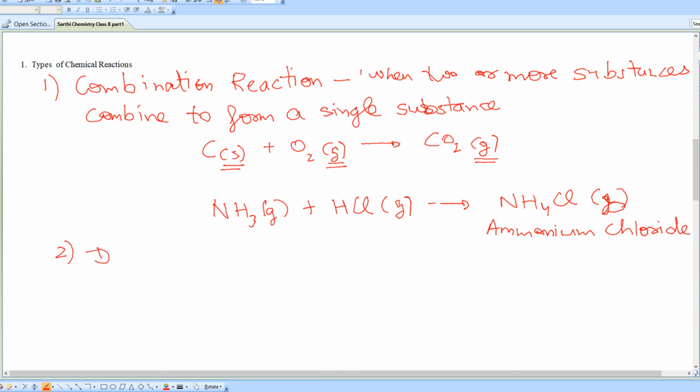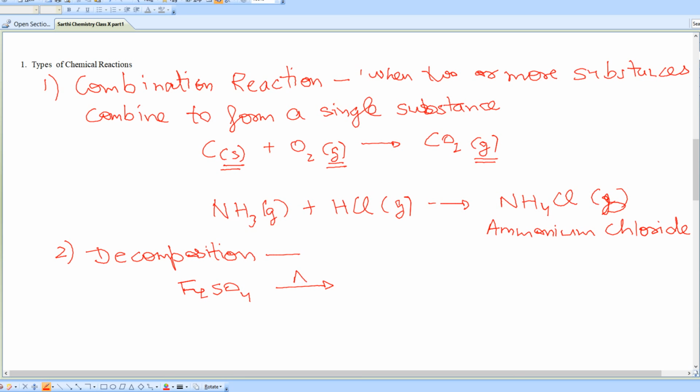We have decomposition reactions. Now, what is a decomposition reaction? Opposite of combination reaction. When a single substance breaks to form two or more substances, then it is a decomposition reaction. And we just saw many examples of decomposition reactions. For example, decomposition of ferrous sulfate crystals.